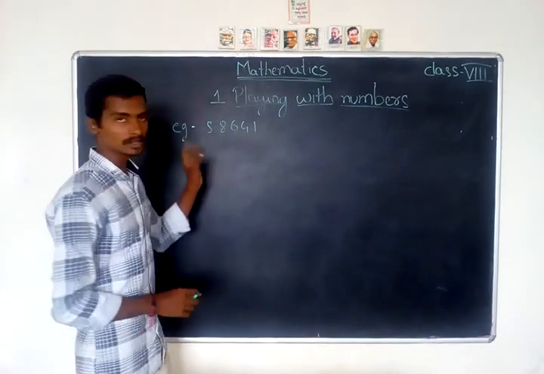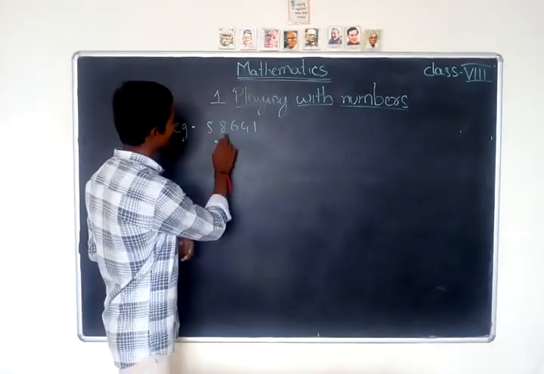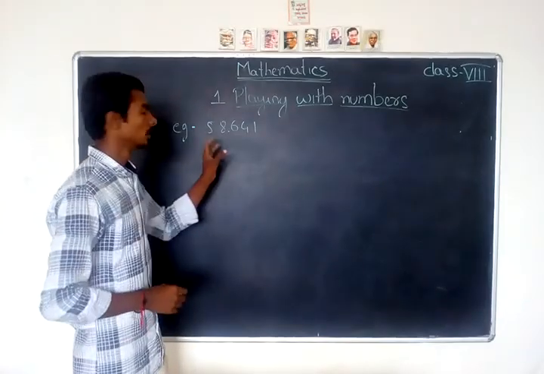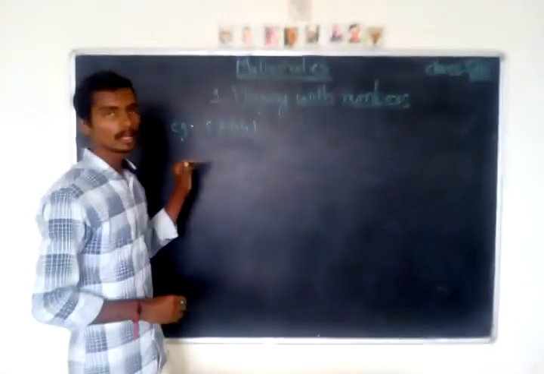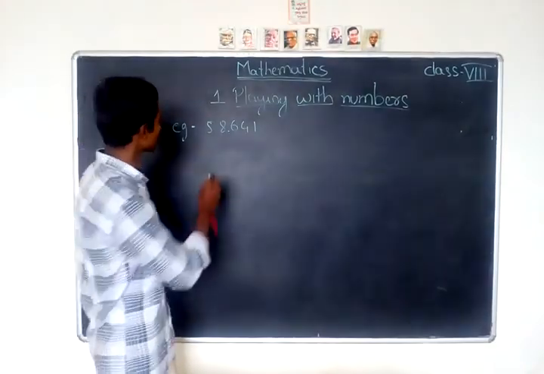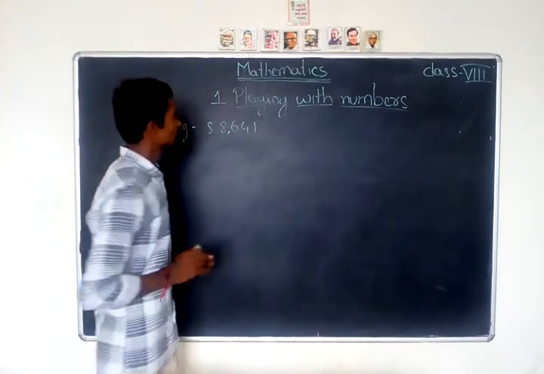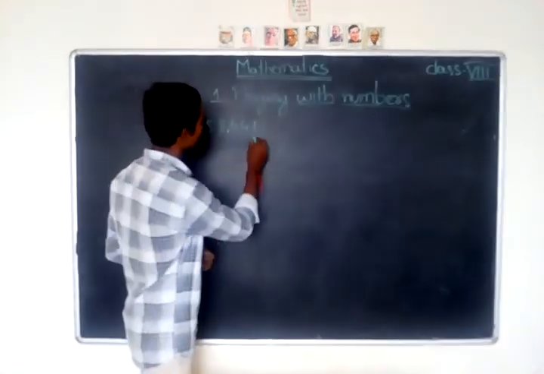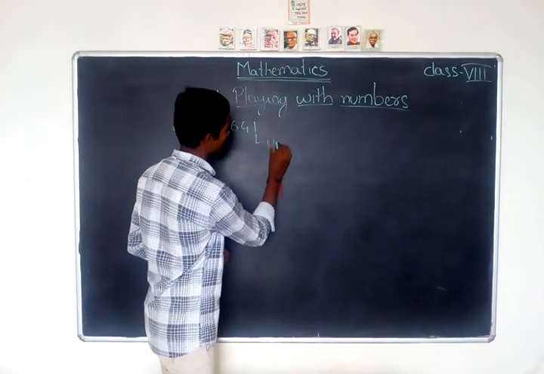What is this number? 58,641. Okay? Now we will try to write this number in general form. Okay? So what is the place value of 1? It is unit.